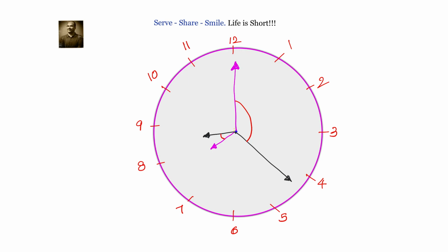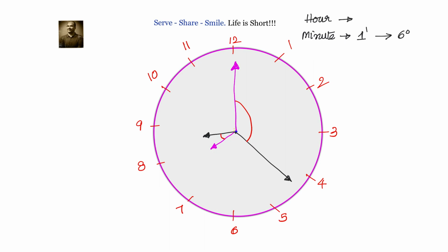So in 1 minute, what will be the angle? It will be nothing but 6 degrees. So if we take the minute hand, in 1 minute it will move by 6 degrees.